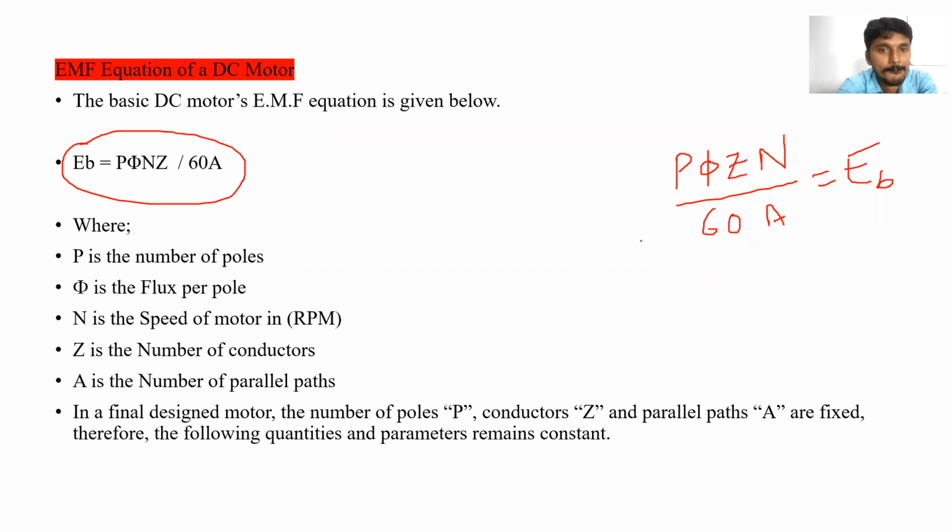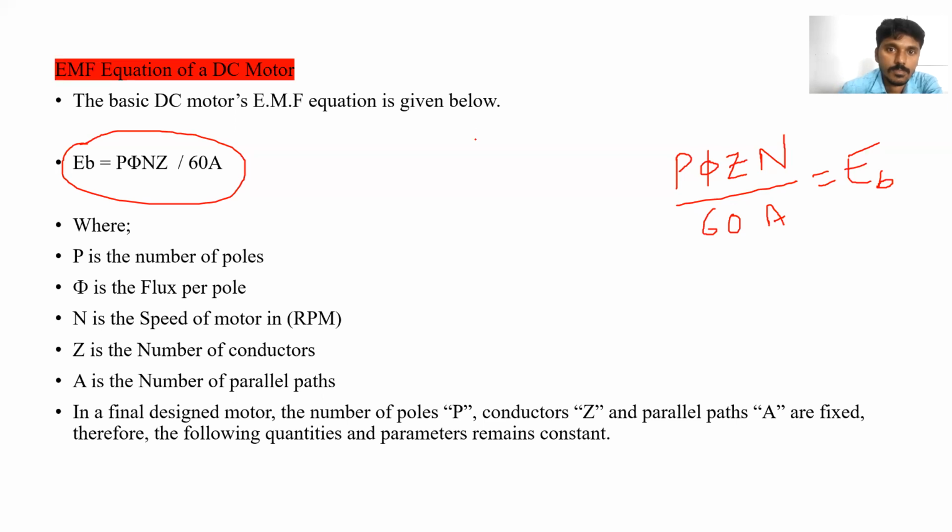Sir, my internet connection was lost, so I couldn't hear a single word of what you said. Okay. So what is the back EMF equation of the DC motor? Eb is equal to P phi N Z upon 60 A. Okay. What is meant by P here?